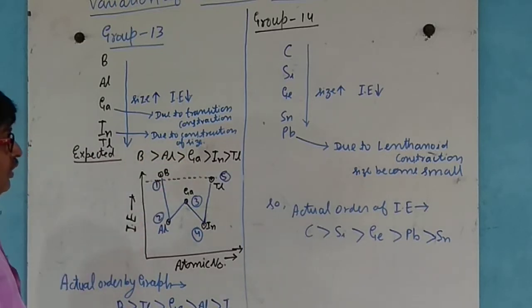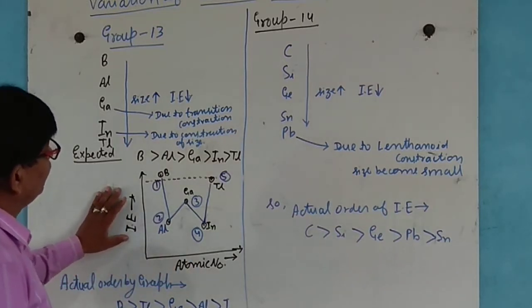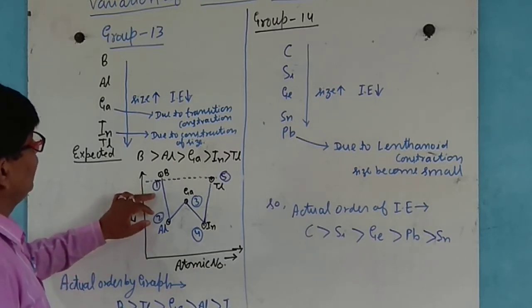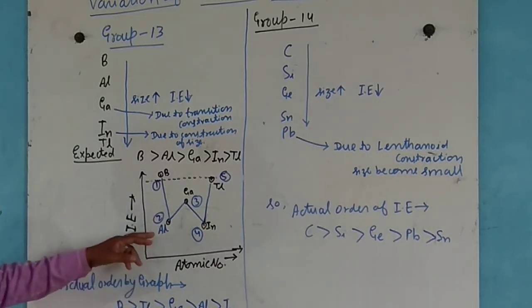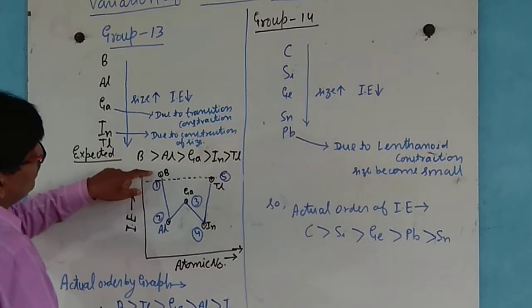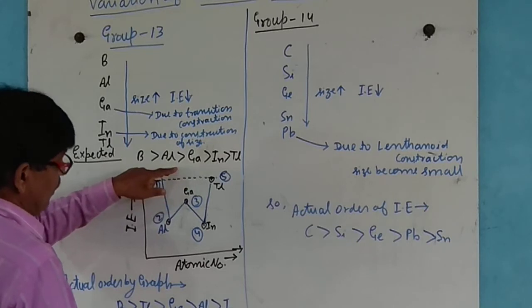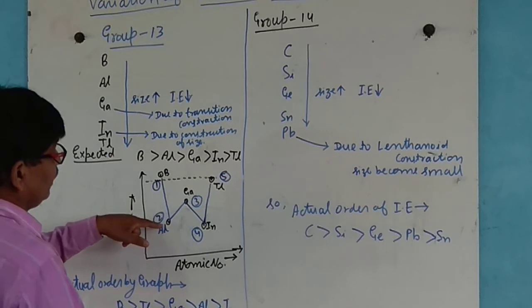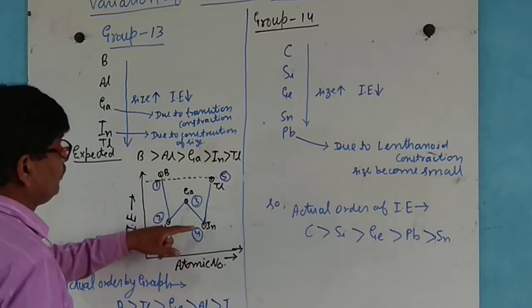Due to the contraction of size and the graph between atomic number and ionization energy, the actual order of ionization energy is: boron is greater than thallium, greater than gallium, greater than aluminium, and at last indium.